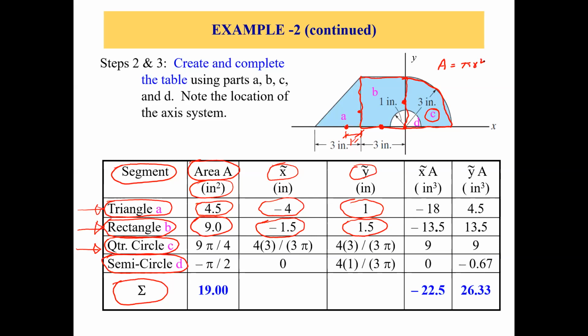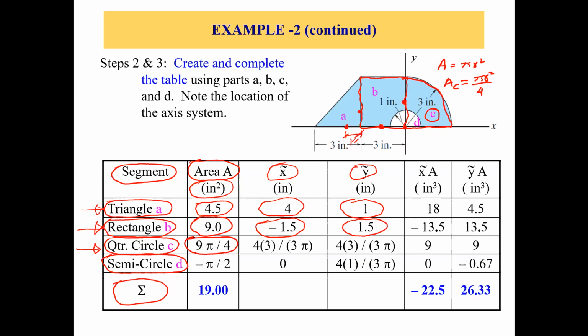So the area of the quarter circle, or let's say A sub C, is pi r square divided by 4. What is the radius? Radius is 3 inches, so we get 9 pi by 4 as the area of this quarter circle.